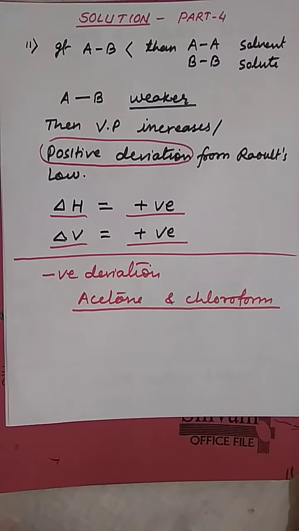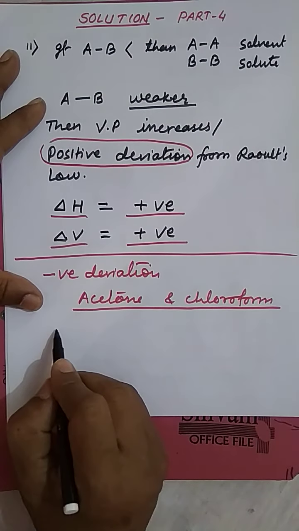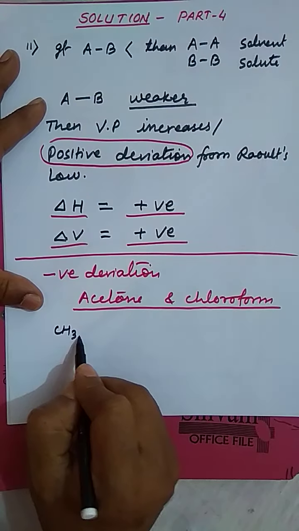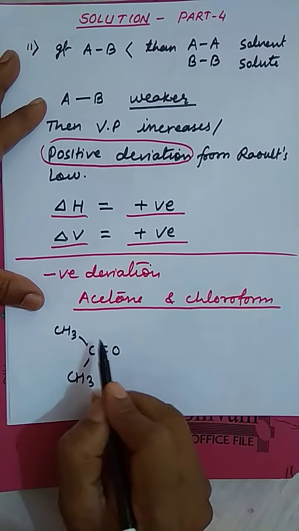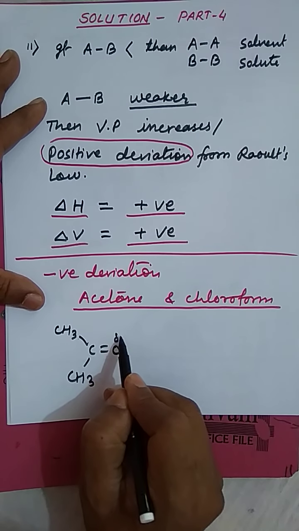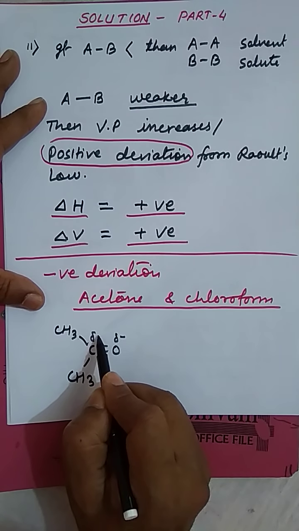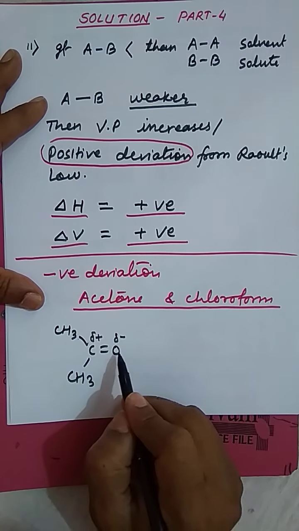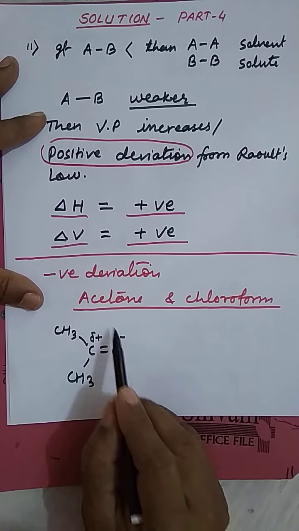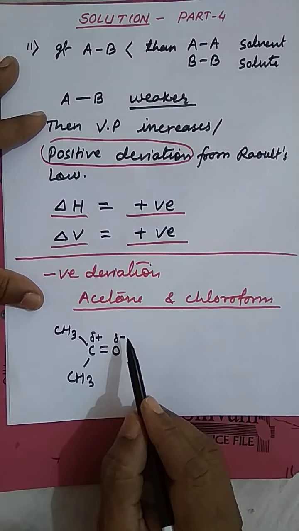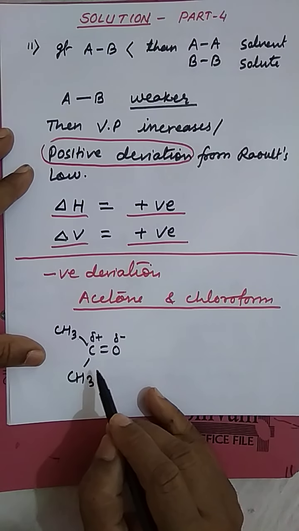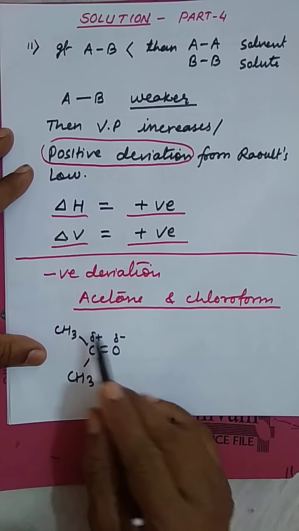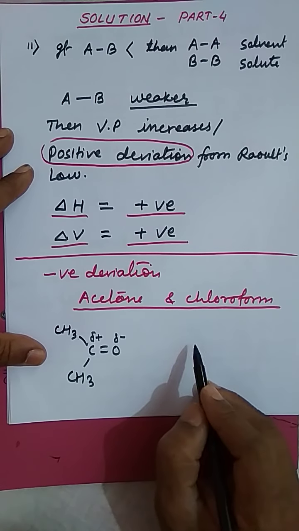So actually what happens in that, if you write the structure of acetone, C double bond O CH3, it is a polar compound, delta minus and delta plus is there due to the electronegativity of oxygen. So in the acetone molecule, only dipole interaction is there between molecules of acetone.